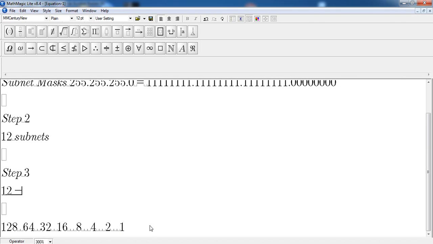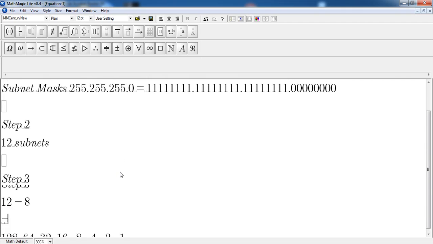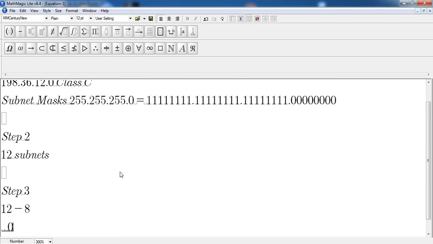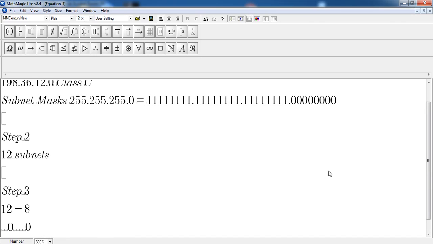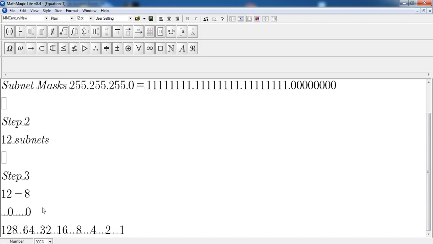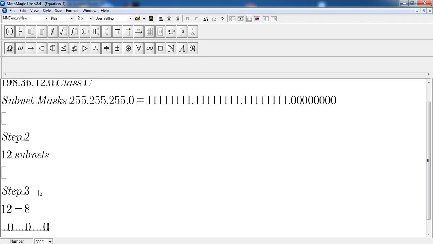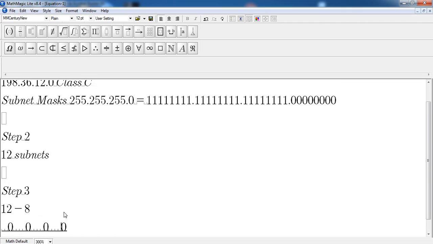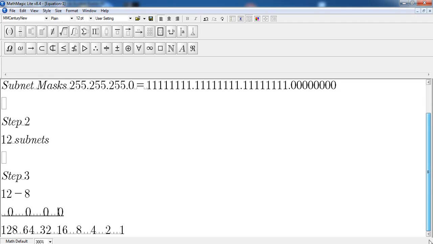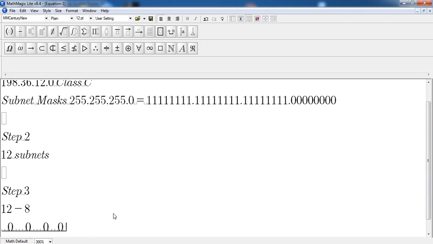Among the powers of 2, the largest power of 2 without going over 12 would be 8. So that means we don't have 128. We also don't have 64. We don't have 32, and we don't have 16. Now we do have 8.